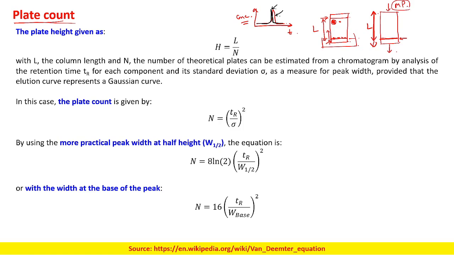So even if we use the same column, by changing the type of analyte, the mobile phase, or the velocity of the mobile phase, we are able to change the resolution of the column. Better the resolution, better will be your separation.